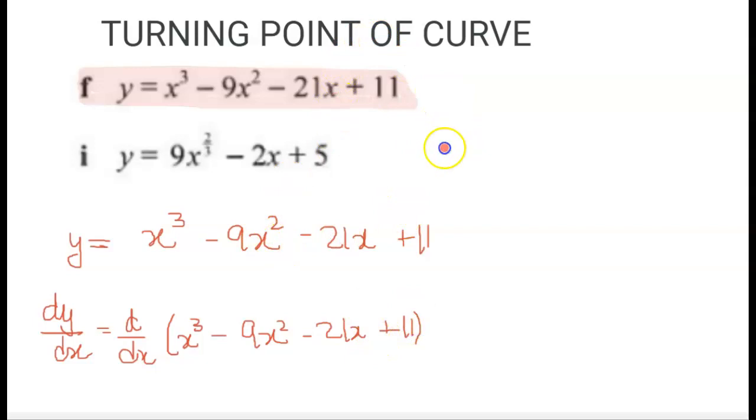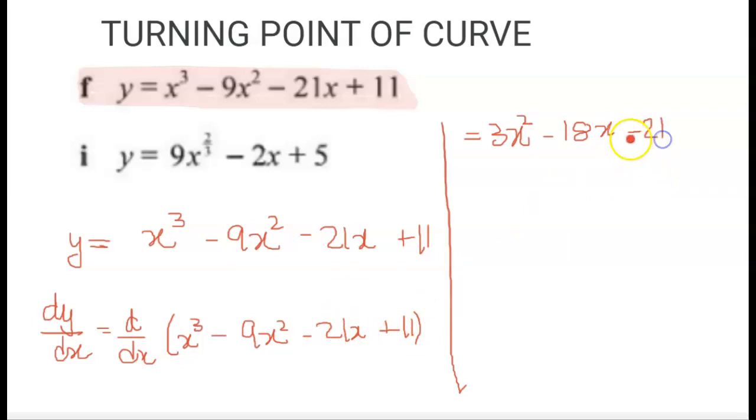Now, when you differentiate this, when you differentiate x cubed, that will give you 3x squared minus the 9 is already there, so that becomes 9 times 2 because the 2 comes out as well, 18. 18 and reduce the power of x by 1, so 2 minus 1 is 1. And the differential of minus 21x is minus 21.